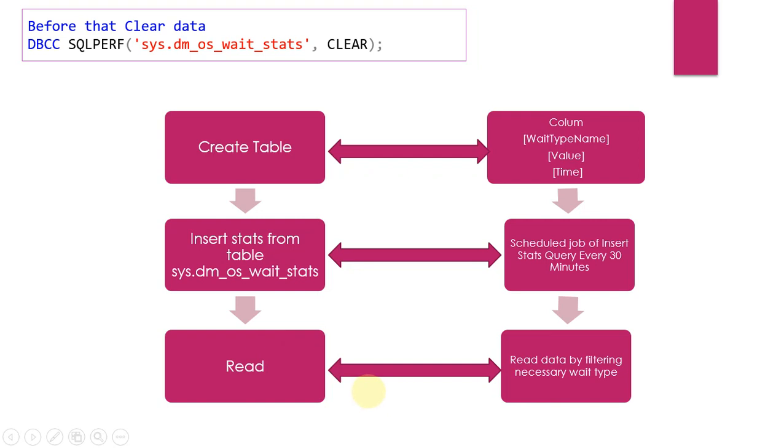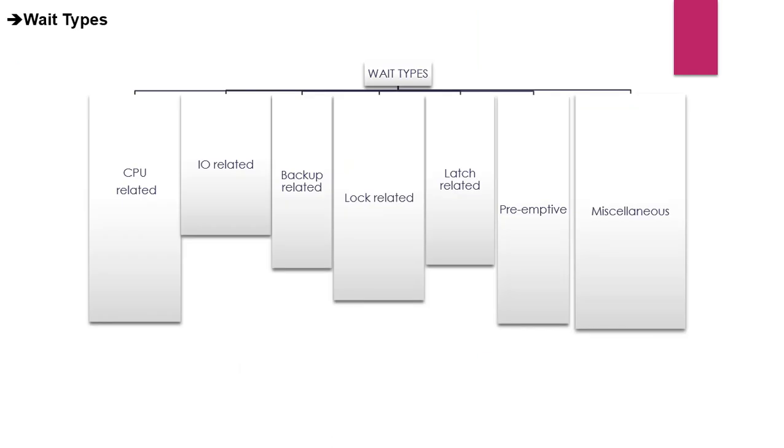For reading, we can filter the necessary wait types and the time range. There are different wait types we already covered in this video: CPU related, IO related, backup related, lock related, latch, preemptive, miscellaneous.